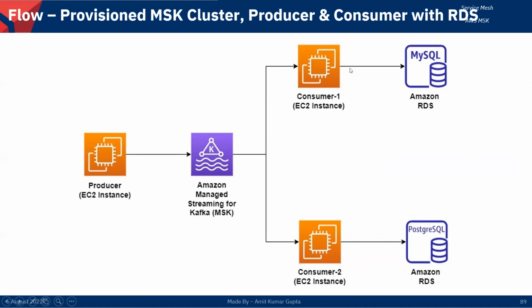So we need to create three EC2 instances, one Kafka cluster, and two RDS, one MySQL and one PostgreSQL. Apart from that, we need to create one more EC2 instance here, which will connect with this MySQL server to execute queries.